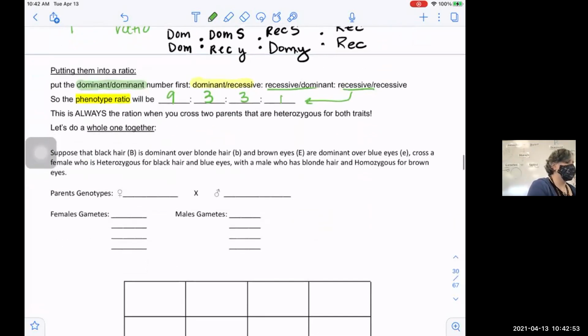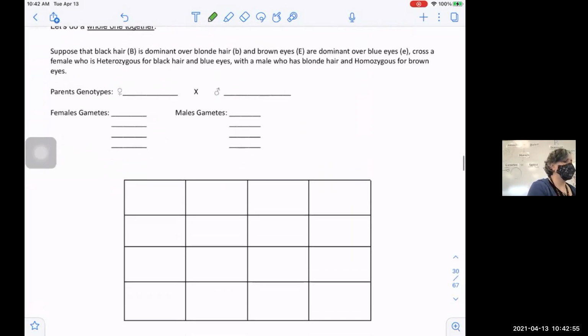All right, so here is one last problem, and I want you to go through this with me because this is what your homework's going to look like. So you have to remember the words heterozygous and homozygous. If you were like, I don't remember what that means, look back at your notes from day 2. Hetero means different, homo means the same.